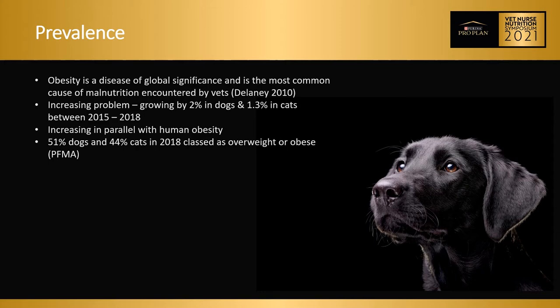Again, if we look overseas in the US, very similar figures are stated. According to the 2018 Association for Pet Obesity Prevention Survey, an estimated 55.8% of dogs seen by vets were overweight or obese, with 18.9% of those classified as obese, and 59.5% of cats seen were classed as overweight or obese, with about 33.8% of them being classed as obese.